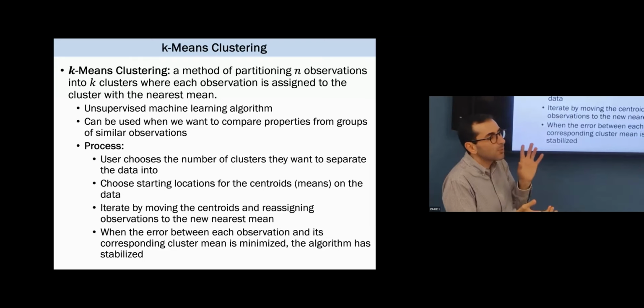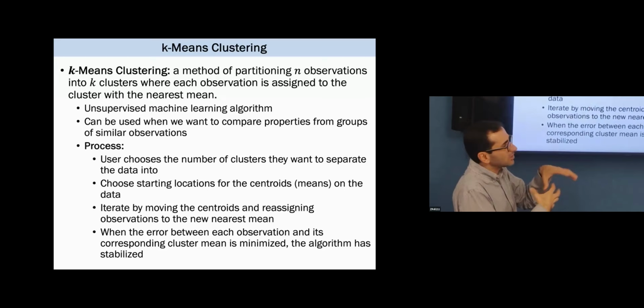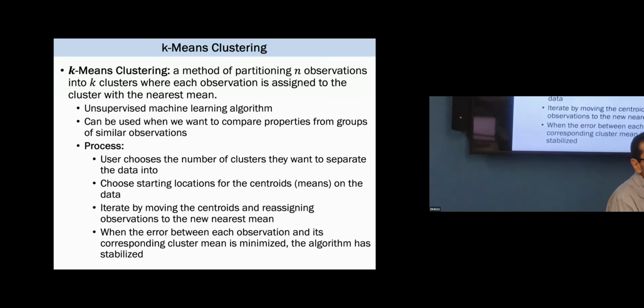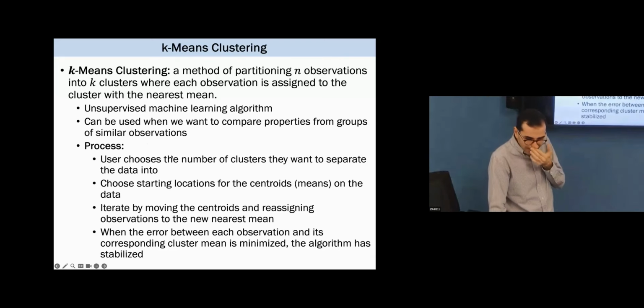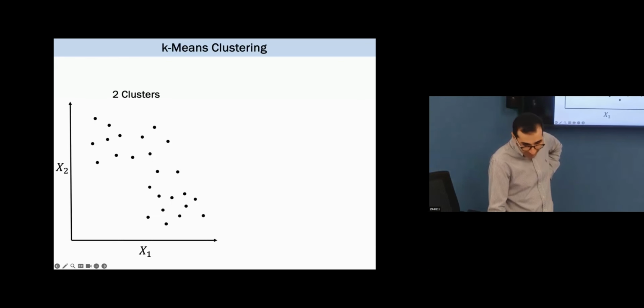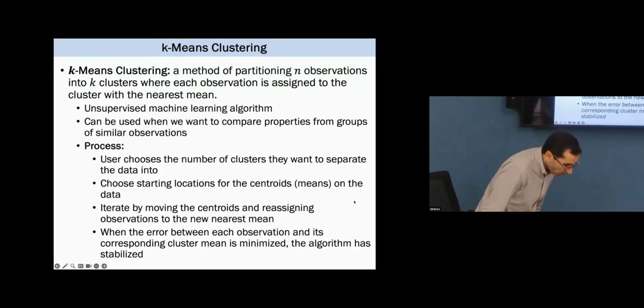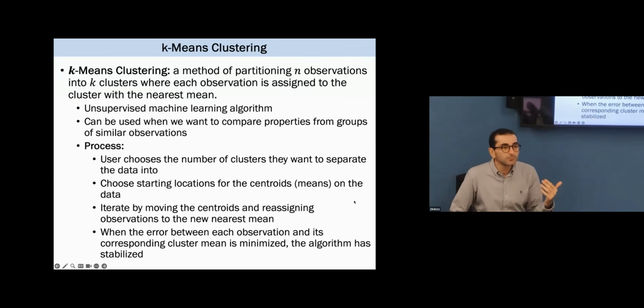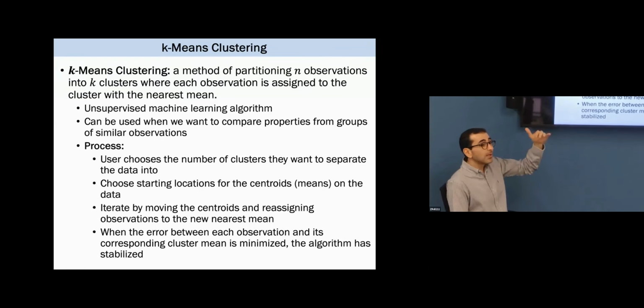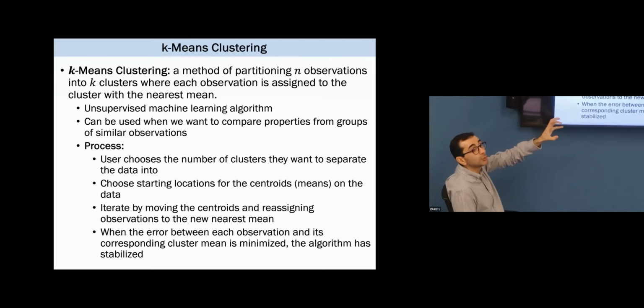So here what I'm doing is more of an exploratory data analysis. I have my data, and I want to see if there's some kind of grouping in the data. Now, what are the steps here? The first step is you need to pre-specify how many groups you want to have.